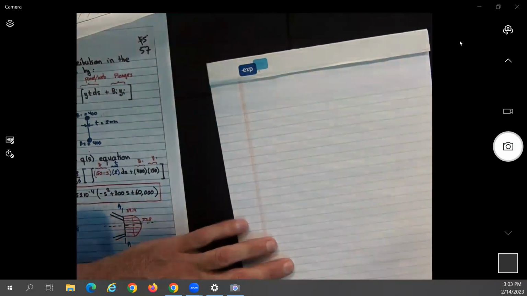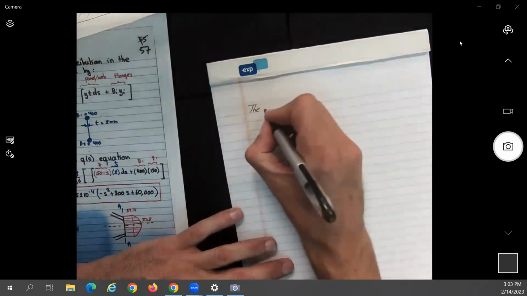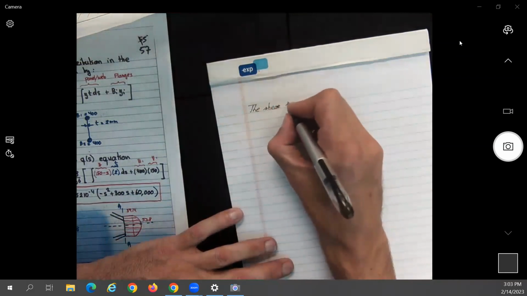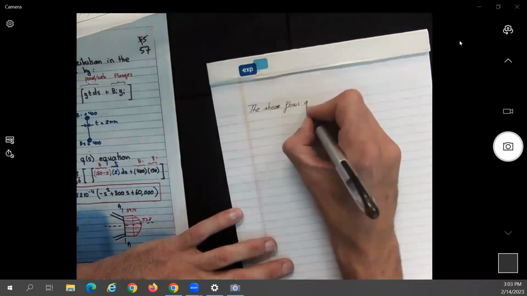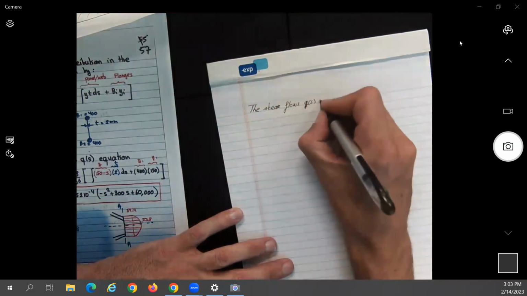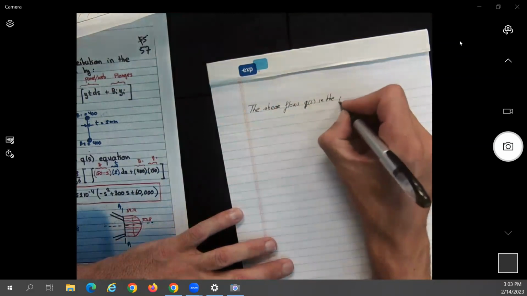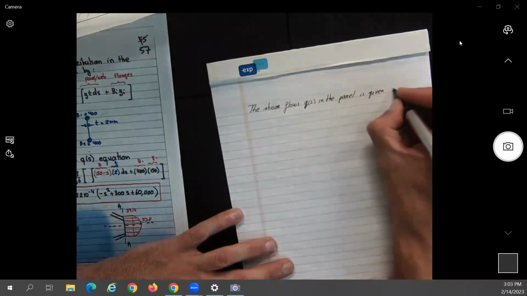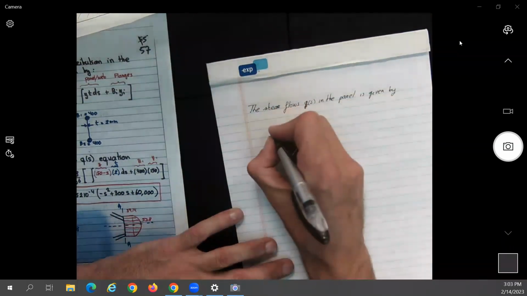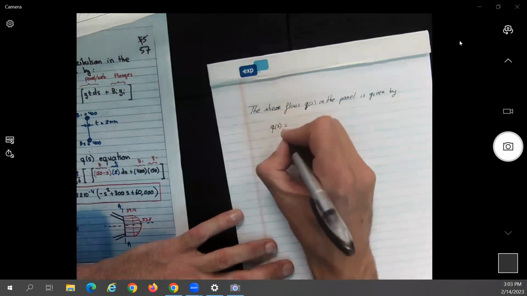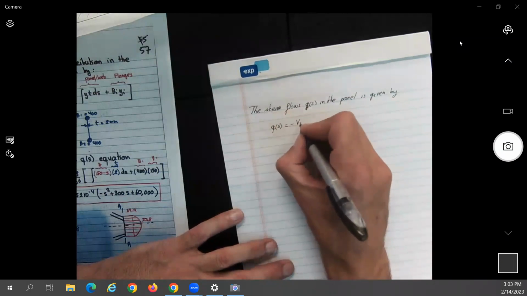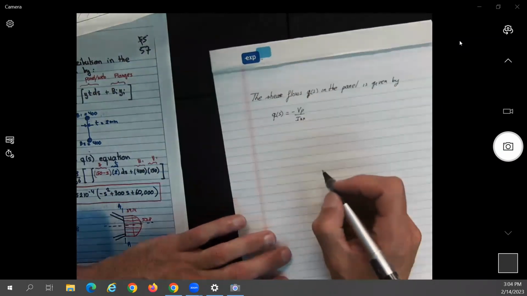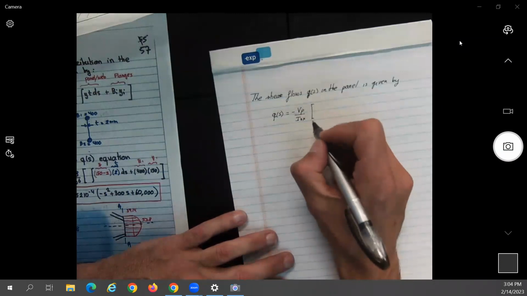So now we can say the shear flows Q sub S in the panel is given by what? The equation we have been using all the time, minus V panel. In this case, we only have one, IXX.